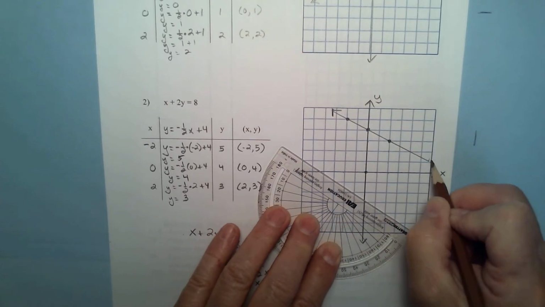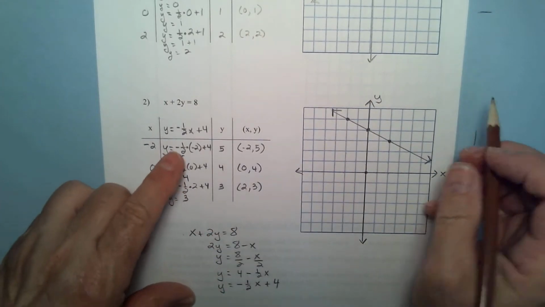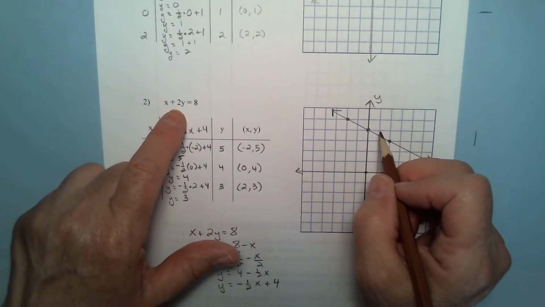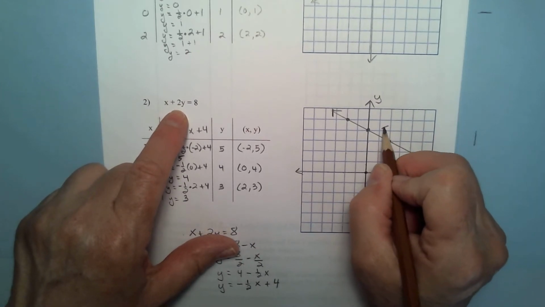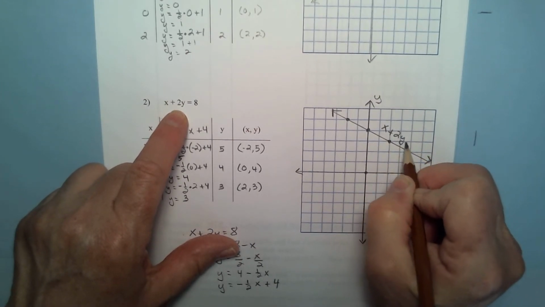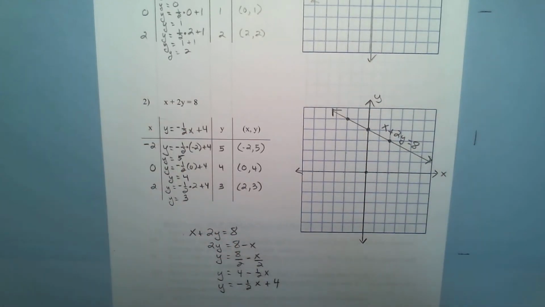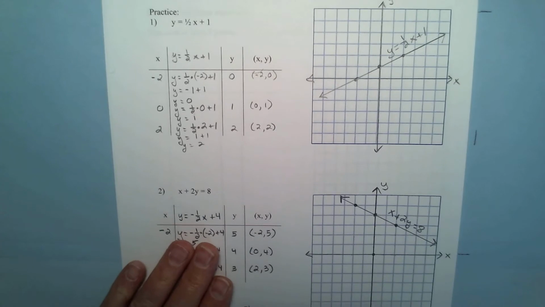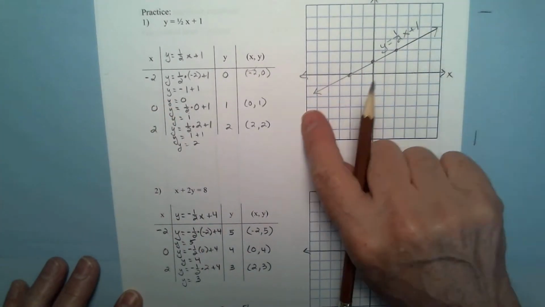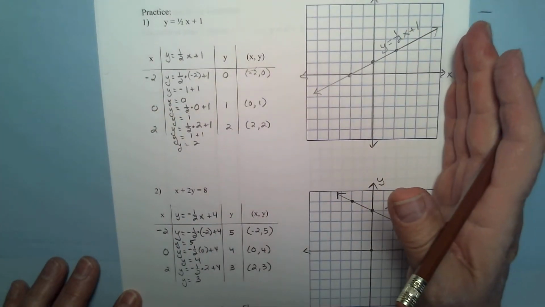Put my arrows on there, and I'm going to label this. I guess I can go back and use this original one. Either way is okay. And there's my equation. I want you to notice one thing: the difference between this one and this one. This one is increasing as you move from left to right.